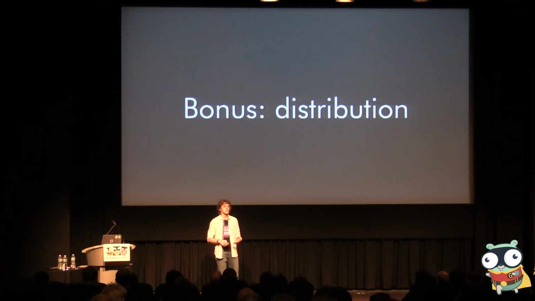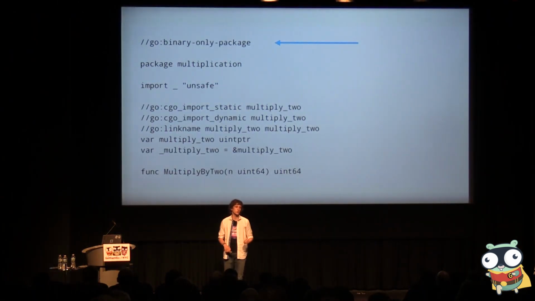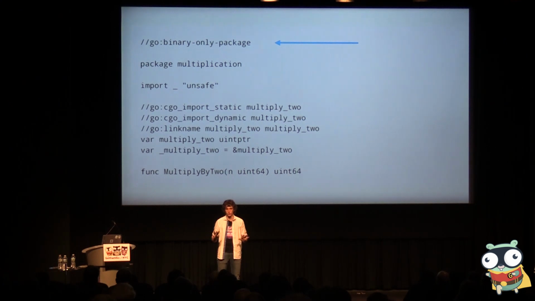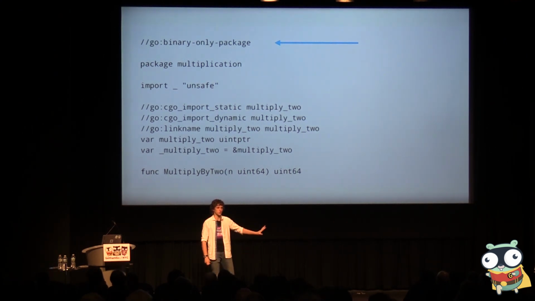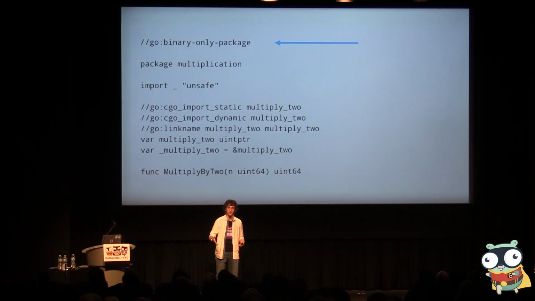Final thing that I promised, a bonus. How do you distribute this .a? There's a specific feature. It's called binary-only packages. They allow you to annotate source to say, yes, this is totally the source, but you shouldn't try to compile it. You will find a .a in the PKG folder. Use that. Which is great because the Go compiler would try to recompile the thing if it didn't match up.